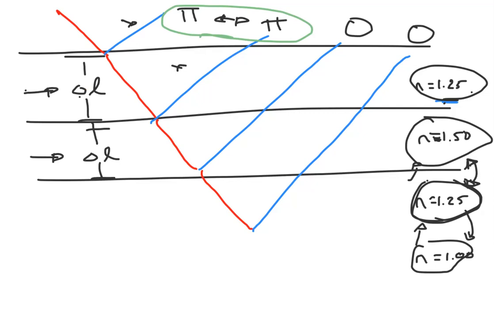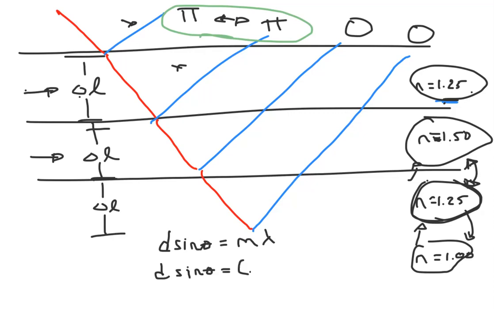Okay, because that's the idea, and that's what we see in the equations, right. So we can write it a lot of different ways. We read it as d sin theta is equal to this, and then we can write d sin theta is equal to (m + 1/2) times lambda.